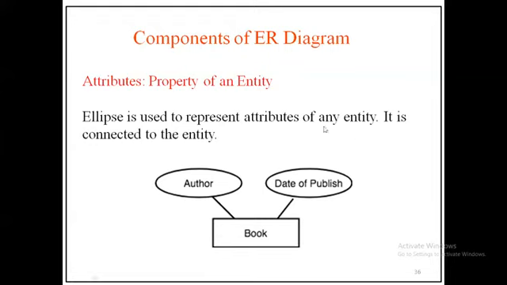In this slide, book is one entity, and author and date of publish are the attributes of the entity. An ellipse is used to represent the attributes of any entity. The graphical representation of an attribute is an ellipse, connected to the entity.